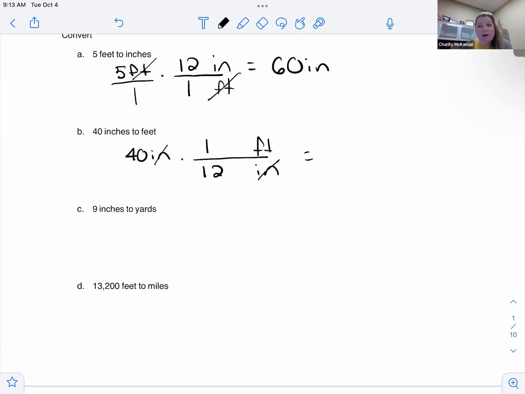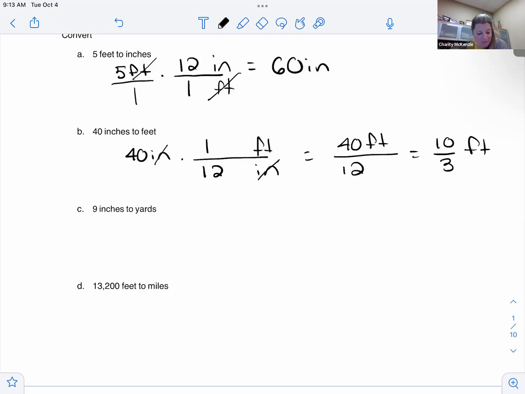I multiply straight across and get 40 times 1, or 40, and keep your feet. On the bottom, I'm going to have 12. The inches canceled away. So I can reduce that fraction to get 10/3 feet. You could divide that and get the decimal. I think most of your answers will be a decimal to a couple places, or a fraction. It doesn't really matter.